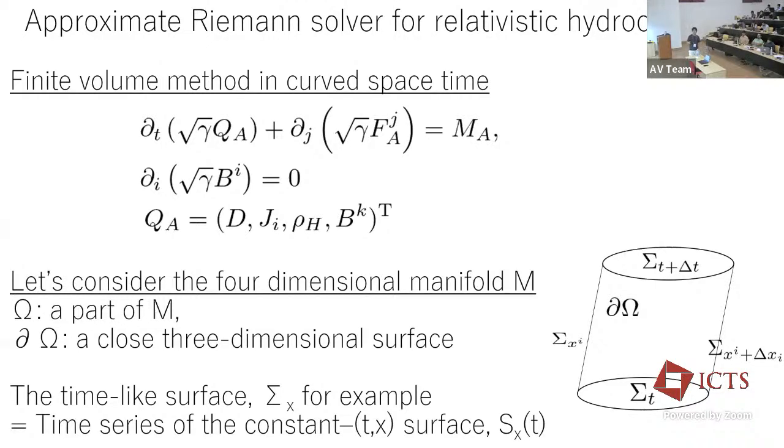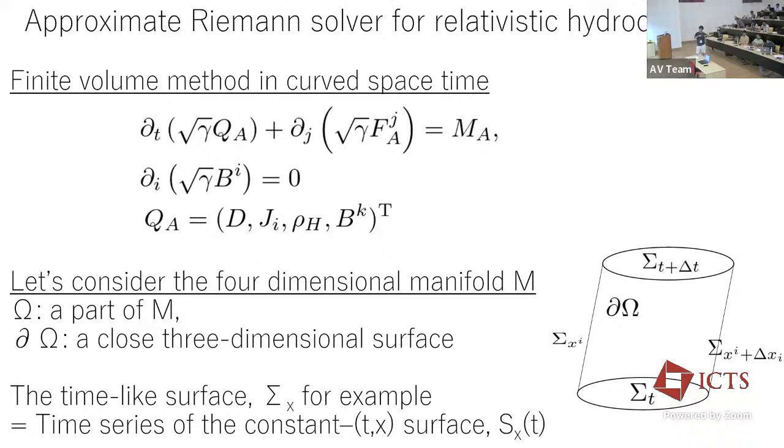Anyway, let's consider a four-dimensional manifold M, and upper Sigma is a part of the manifold M, and how do you say? I don't know how to pronounce it. Anyway, this one, omega, gives a closed three-dimensional surface. Schematically, you can write this equation. Omega is part of the four-dimensional manifold, and this gives the surface terms in the 3+1 language.